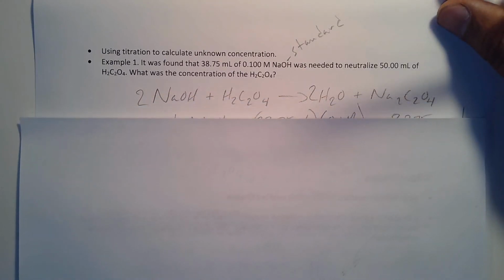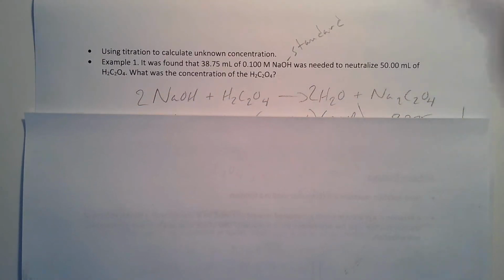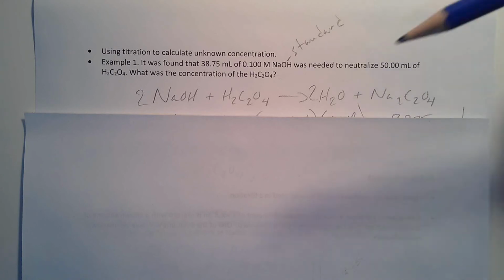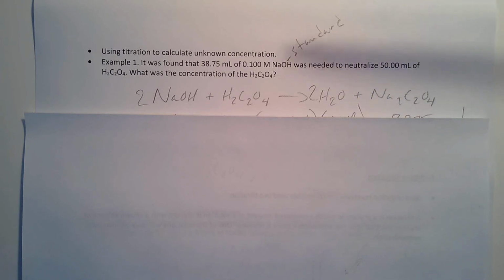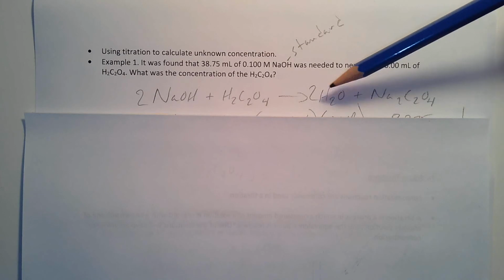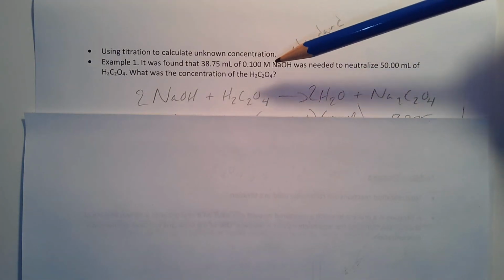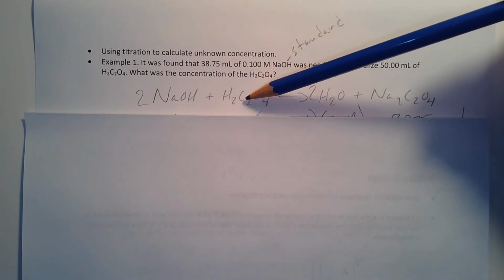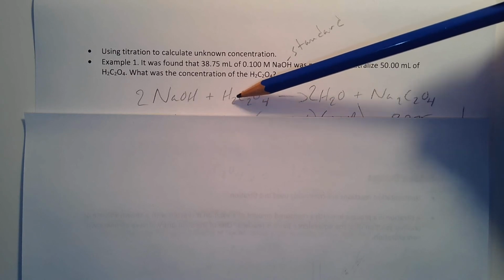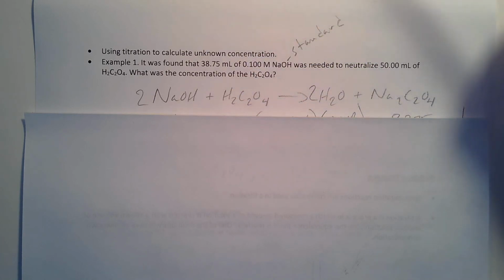So here's our reaction, and it's important that you have this balanced. Again, this is a typical neutralization reaction: acid, base, water, salt. And then we balance it. This type of acid, remember, is called a diprotic because you have two hydrogens.